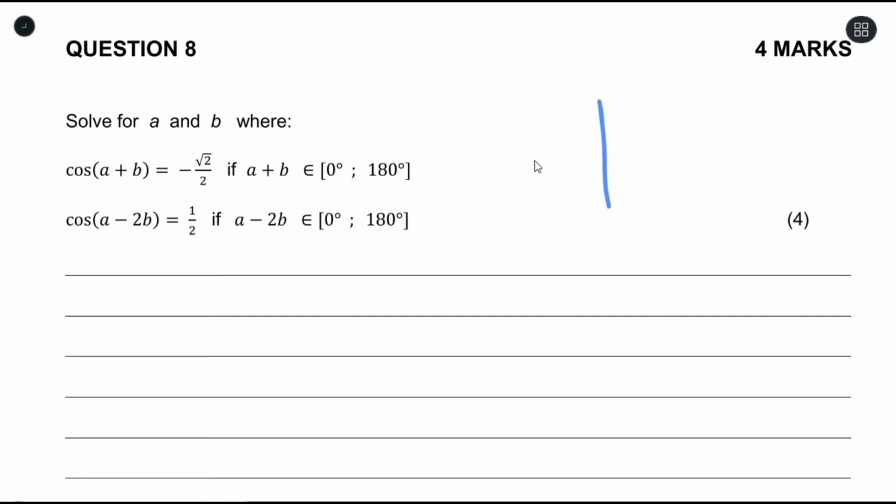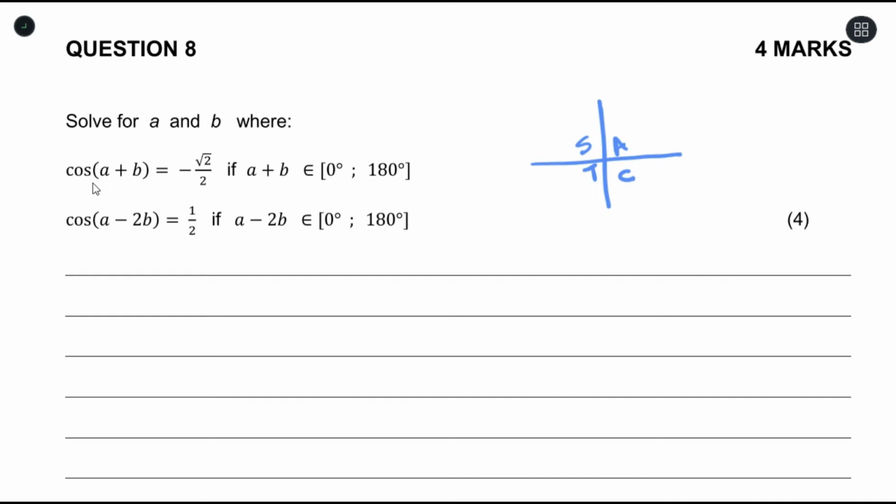First things first, let's draw out our quadrants. We understand that in our four quadrants for trig ratios, everything is positive in the first, sine is positive in the second, tan is positive in the third, and only cos is positive in the fourth.